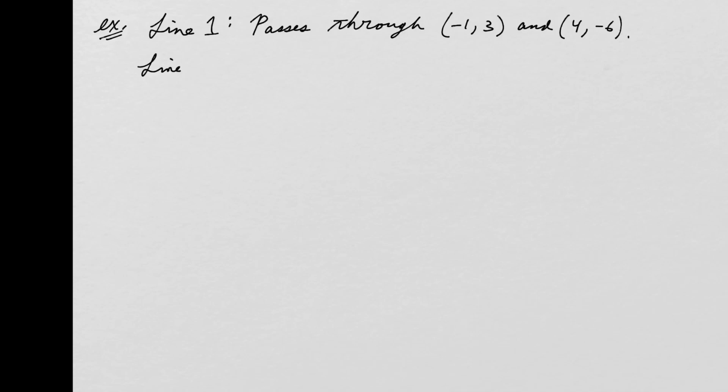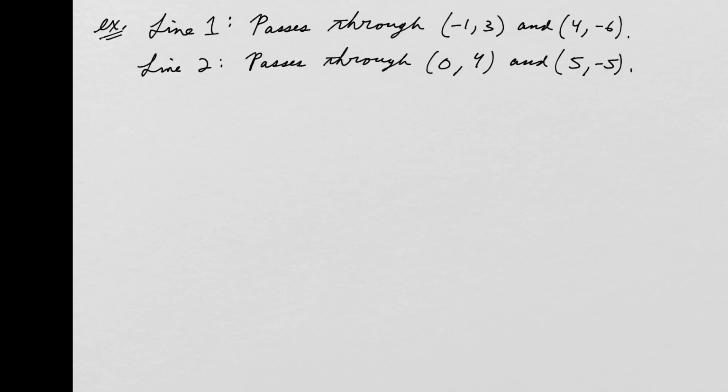And then we have line 2, and it passes through the points (0, 4) and (5, -5). And the question is, are the two lines parallel, perpendicular, or neither?